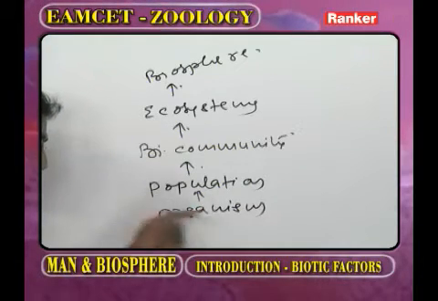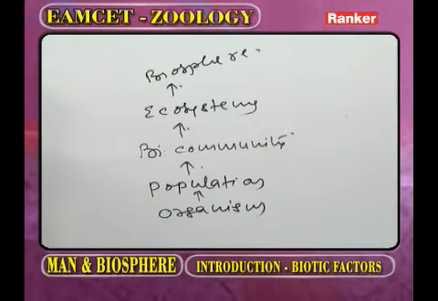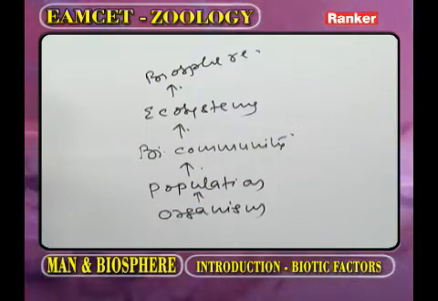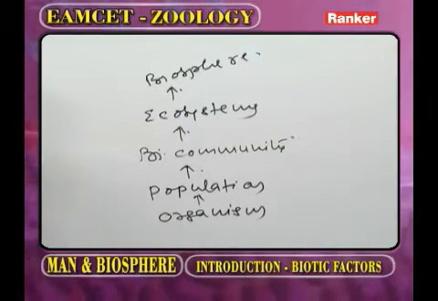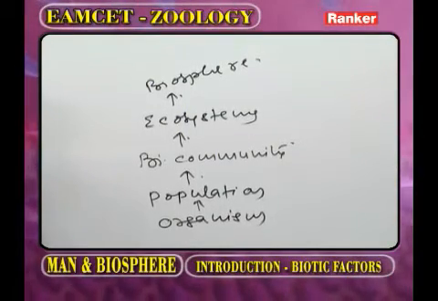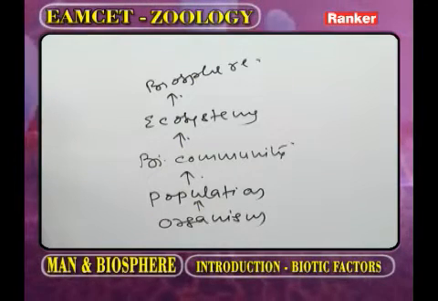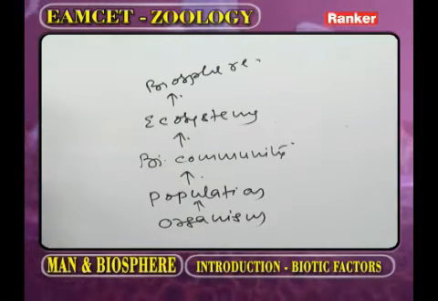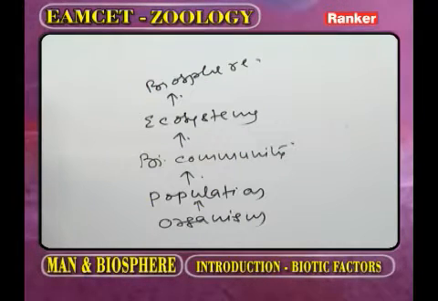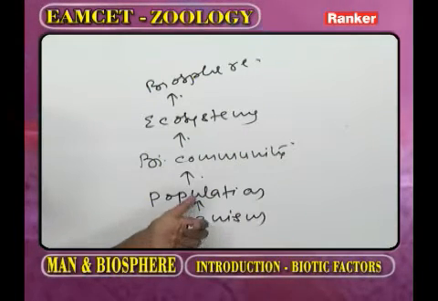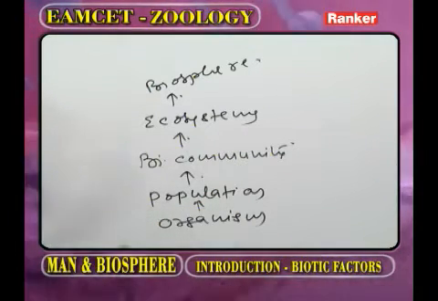Individuals of one species live in a particular area at a particular time, share a common gene pool, can interbreed and produce fertile offspring. That we call a species, and the species is in the form of population.